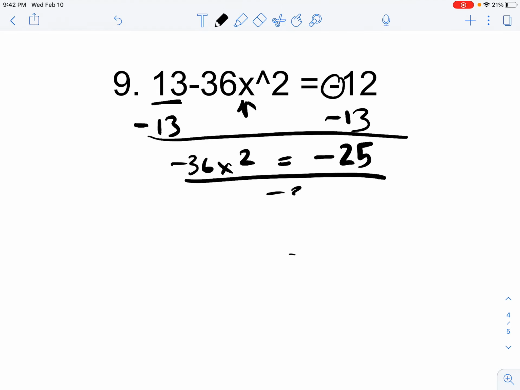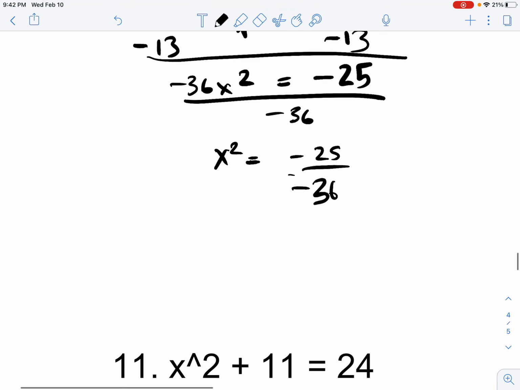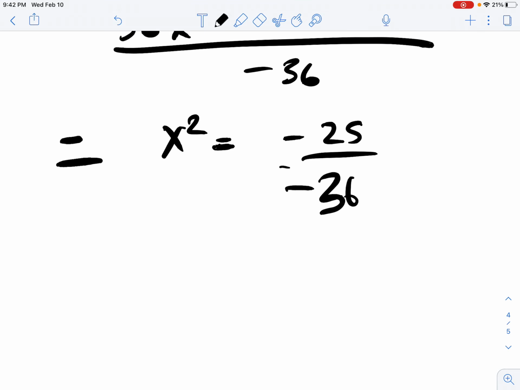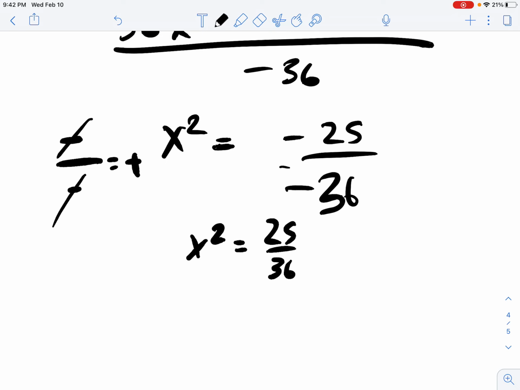Now if we divide negative 36 on both sides to make sure x is alone, we have x squared is equal to negative 25 divided by negative 36. Now, we know that a negative divided by a negative is just positive, because these cancel out, so we have 25 over 36 equal to x squared.